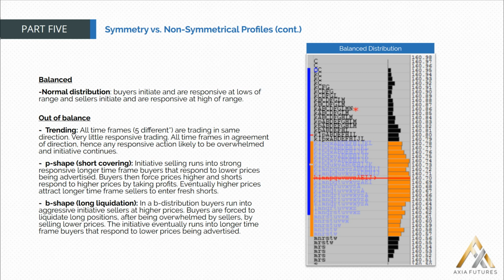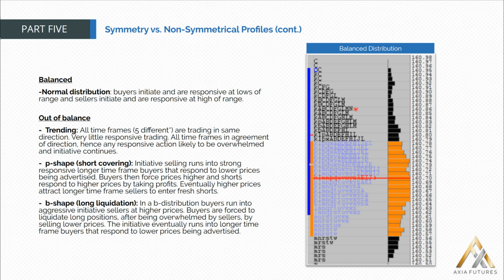The buyers then force prices higher, and the shorts that are still holding their short positions will then buy out of those shorts, and prices will continue to move higher. Those prices will continue to move up until we run into fresh responsive shorts. When that occurs, the market will then start to move sideways.